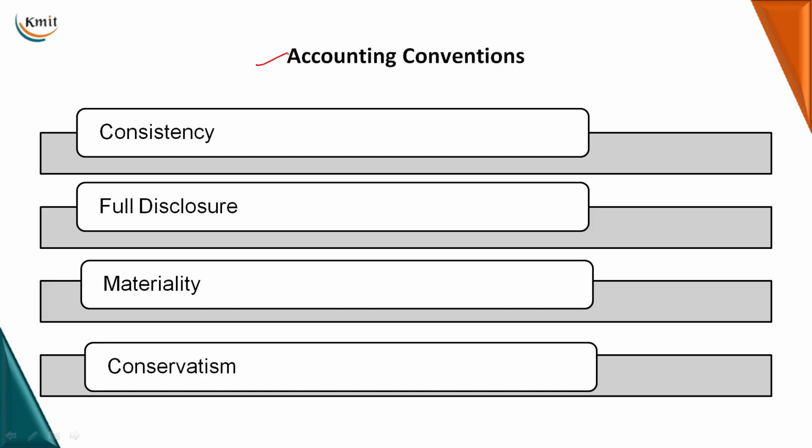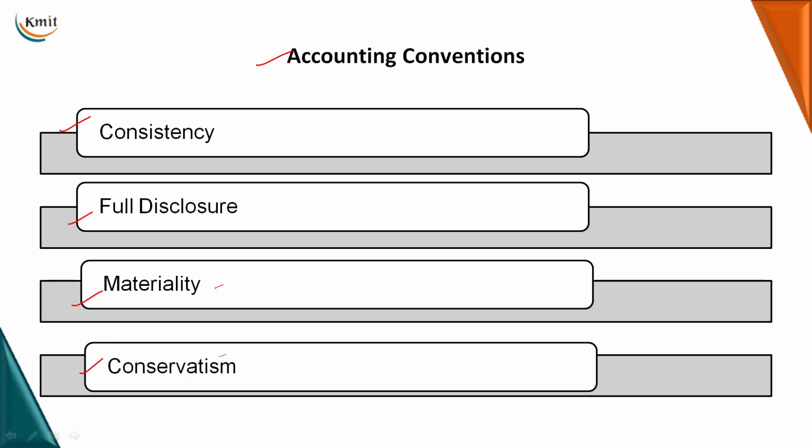Now coming to the next concept, that is accounting conventions. These are the four different accounting conventions generally employed for accounting purposes. One is consistency, next one is full disclosure, materiality, as well as conservatism.